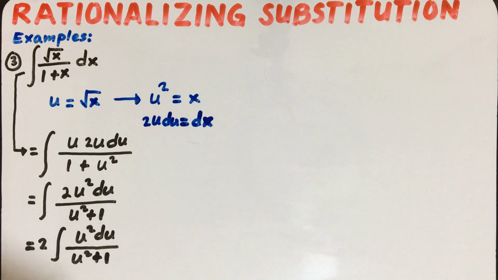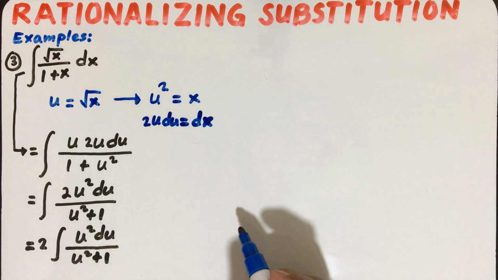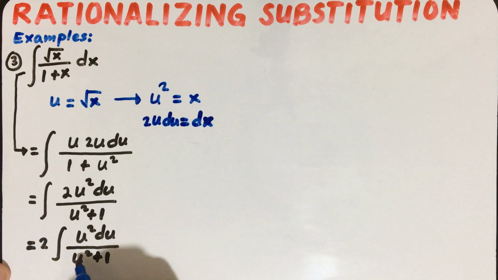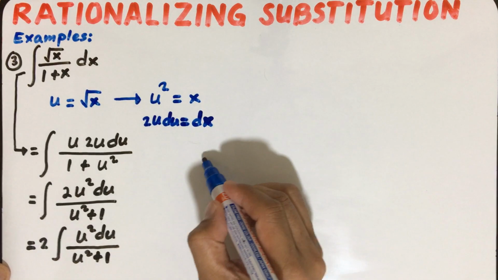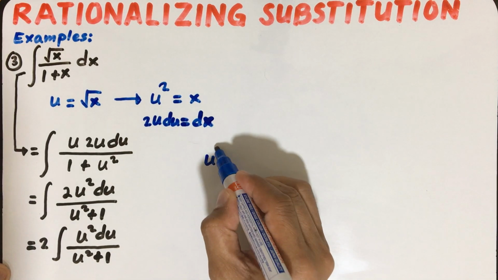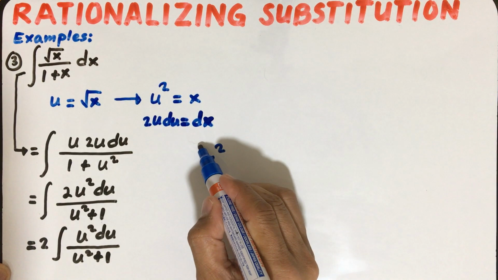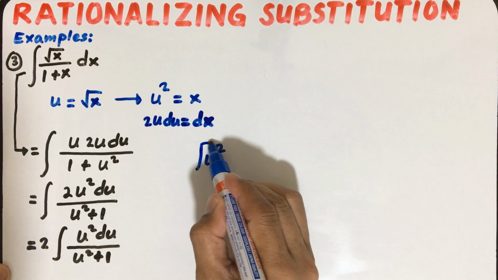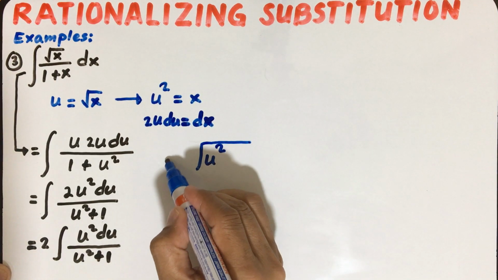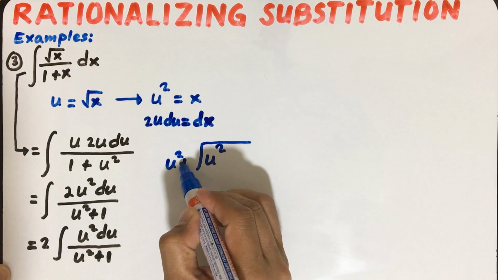Alright, so doing the polynomial division, you can use also synthetic division, or we call it long division, so it's up to you. Okay, so to do the long division, we have here u squared divided by u squared plus 1. So we have u squared, so divide this by u squared plus 1.